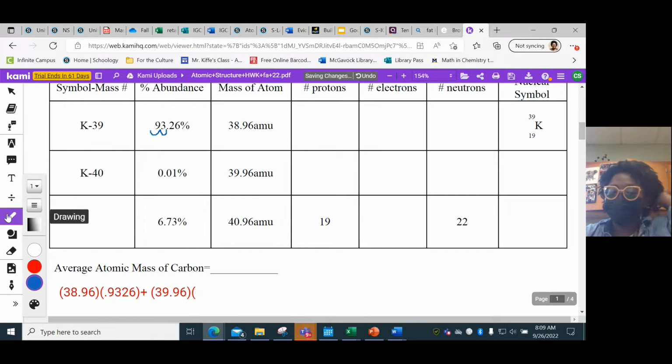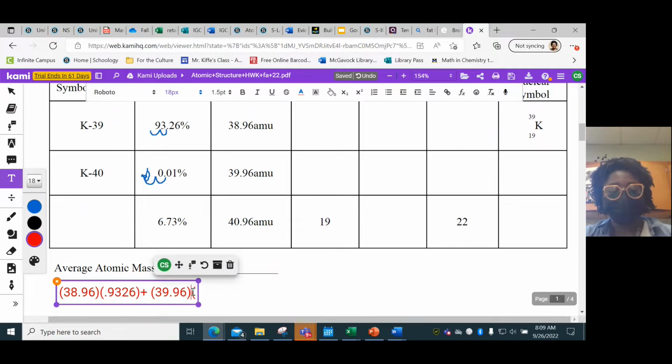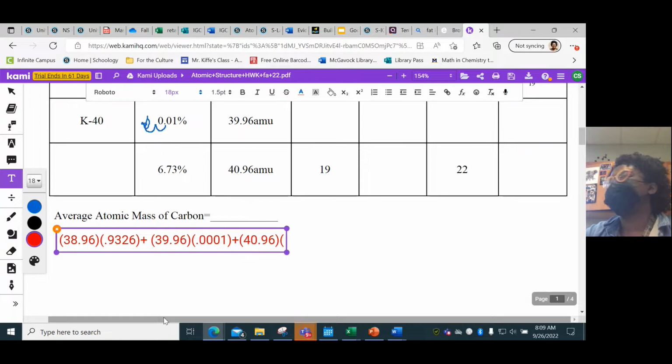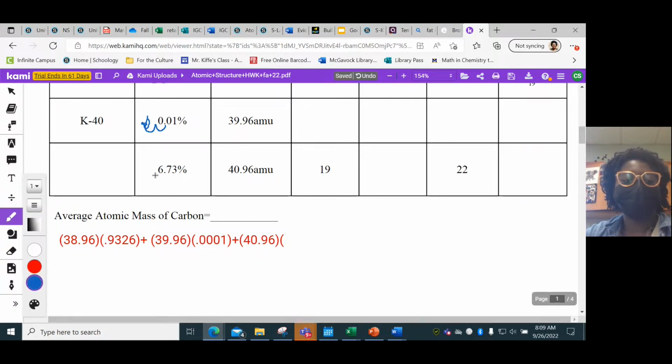I'm going to Beyonce this one too. To the left, to the left. What's my decimal going to be? Add it to the next one, which has a mass of 40.96. What's the decimal that goes with 40.96? Good job, team.